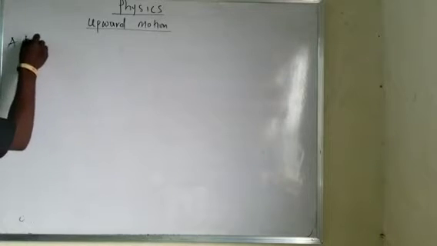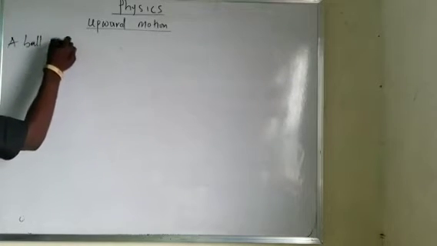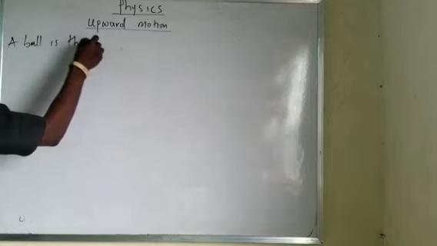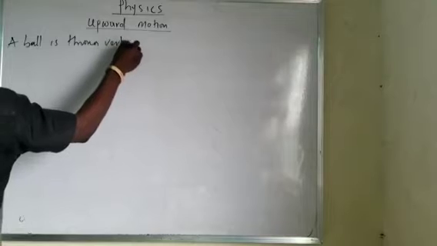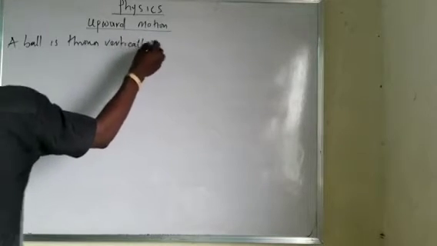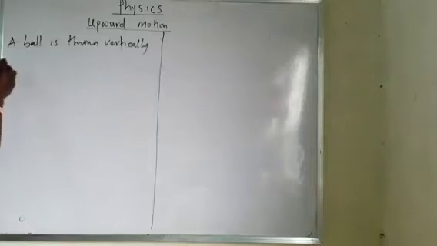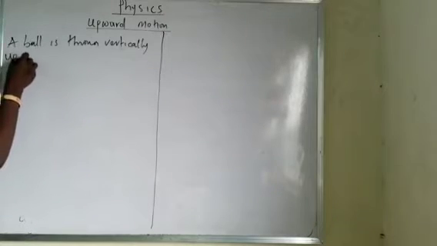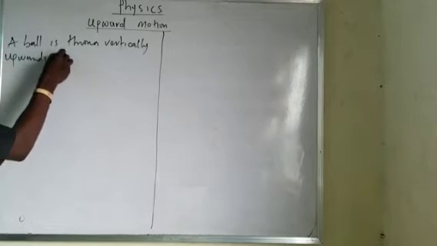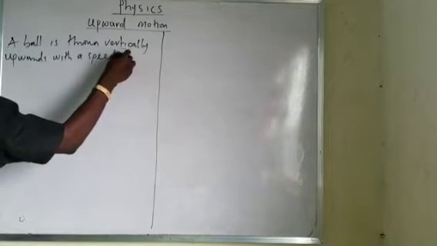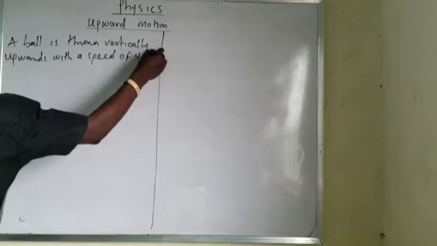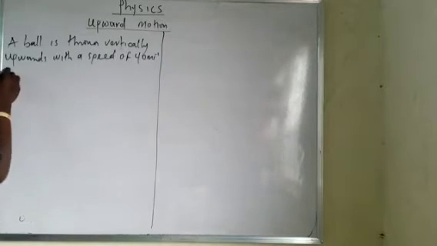I'm just going to show one or two problems that you can see. A ball is thrown vertically upward with a speed of 40 meters per second.